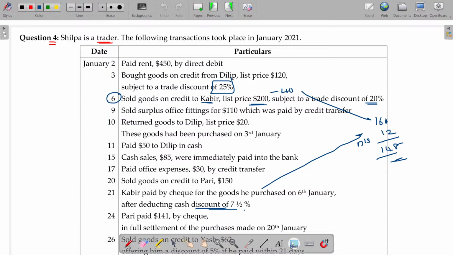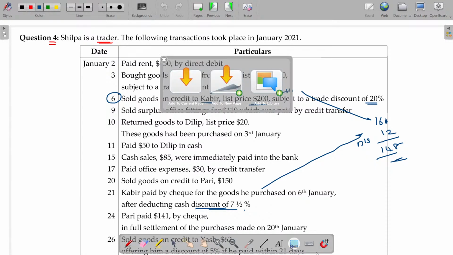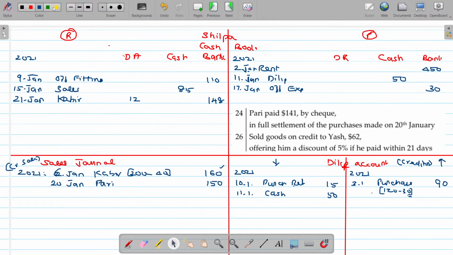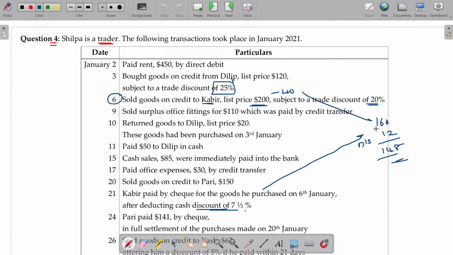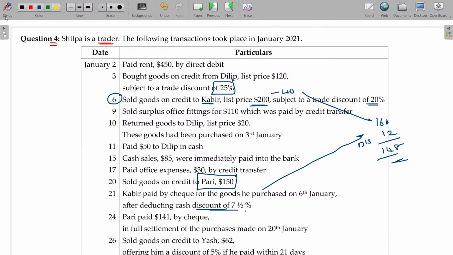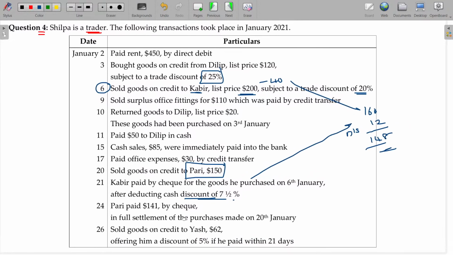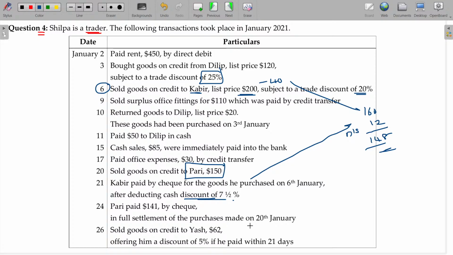Then we'll move on to the next two transactions, 24th and 26th. Pari paid 141 by check in full settlement of the purchases made on 20th January. On 20th January, Pari purchased for 150, and the full settlement for this on this date is how much?